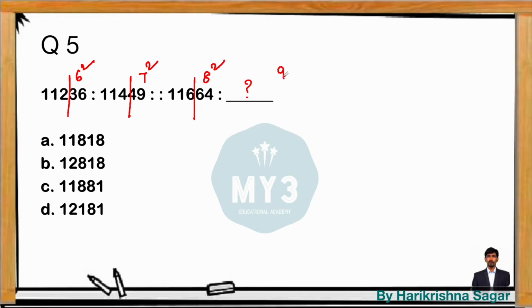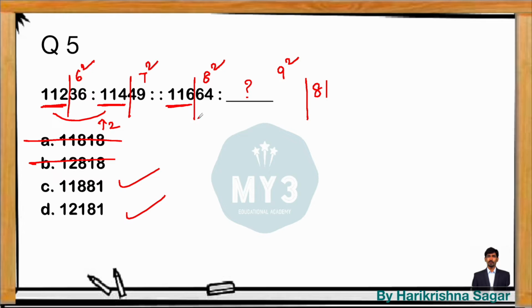The next should come 9 square. 9 square means it will end with 81. The last two digits must be 81. The answer can be either C or D. Now if you observe the first part, it is 112, 114. There is an increase of 2. 116 will be increased by 2. 116 plus 2 will be 118. Mark it as option C. Eliminate option D.